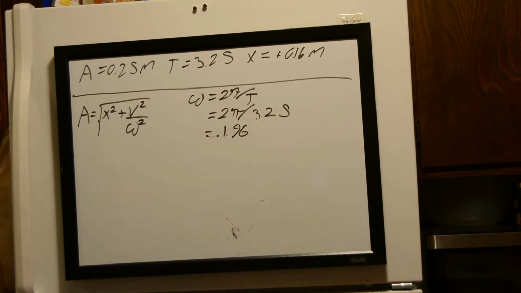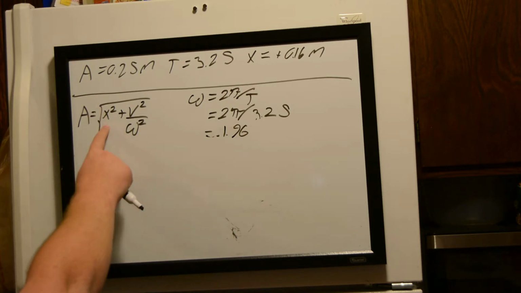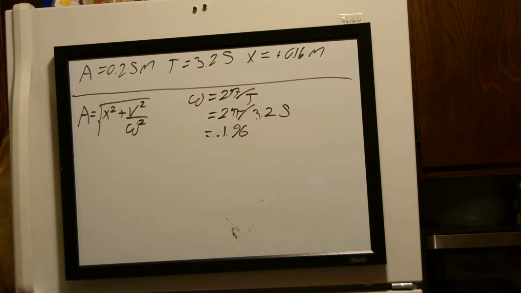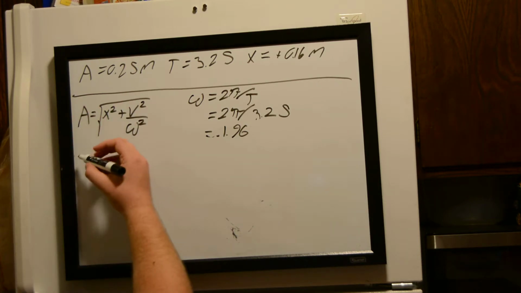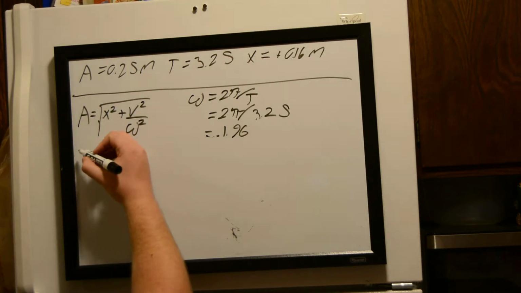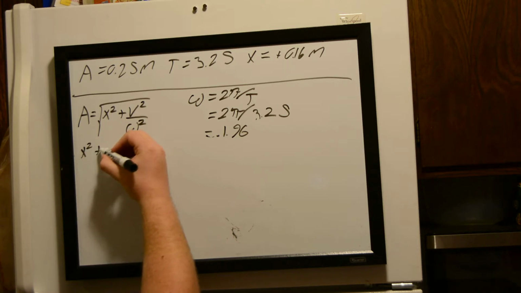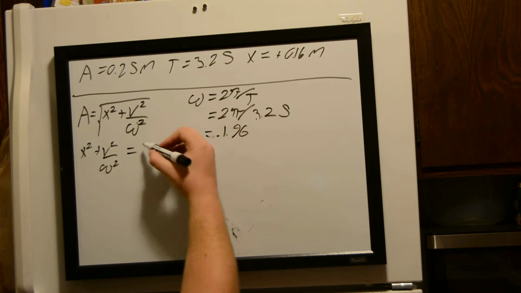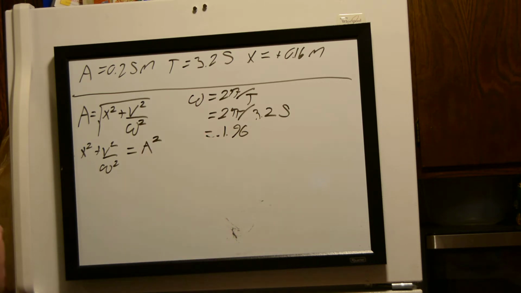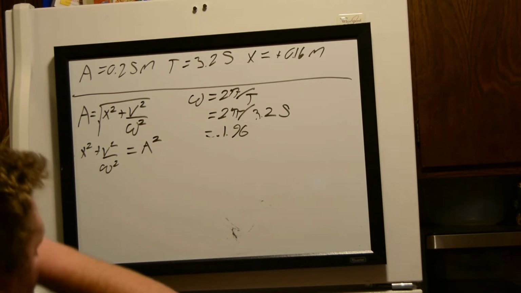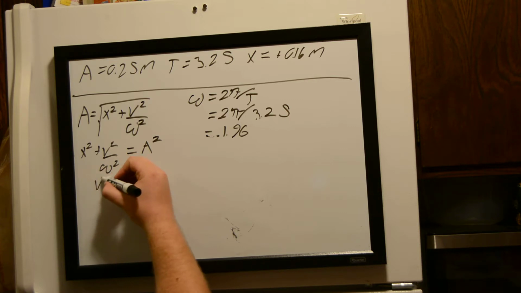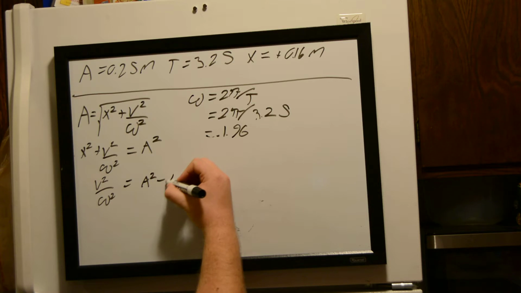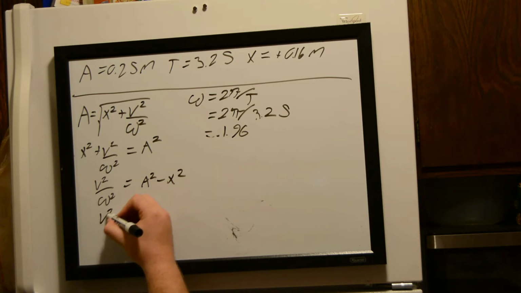Alright, so now what we want to do is manipulate this equation so we have velocity is equal to whatever this turns out to be. So what we do is we square both sides. That's going to be x squared plus velocity squared over angular velocity squared is equal to the square of our amplitude. And then we have velocity squared over angular velocity squared equal to a squared minus x squared.